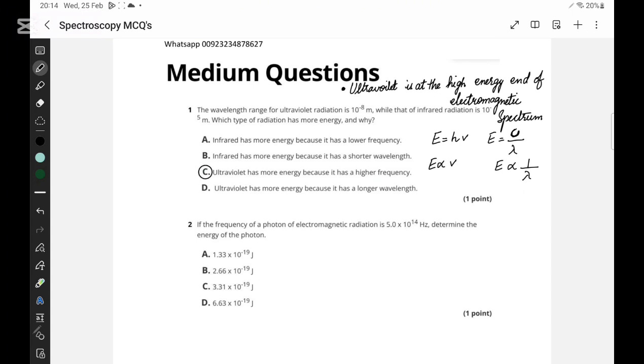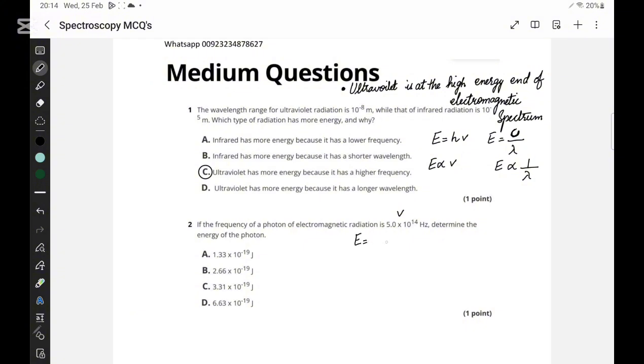In the next question, they are saying the frequency of a photon of electromagnetic radiation is 5 times 10 to the power 14 hertz. We are given the frequency, and they are asking to determine the energy of the photon.